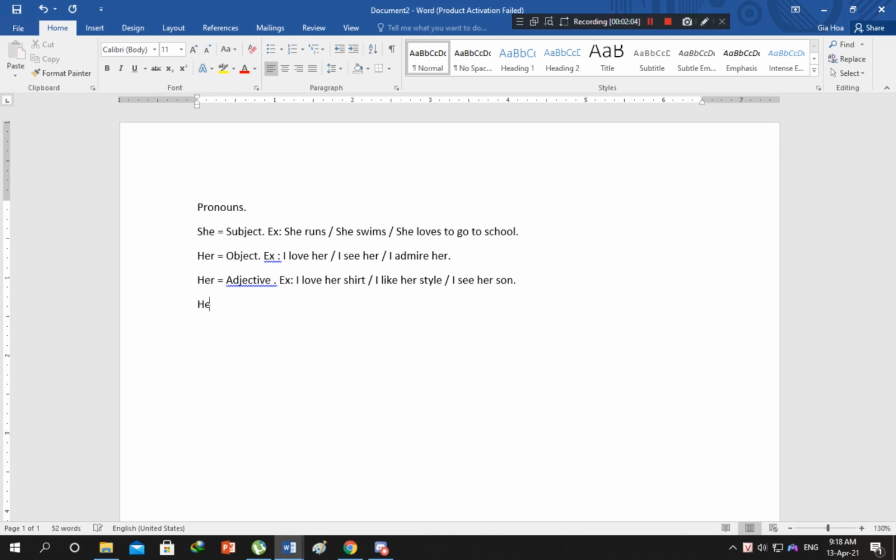But if herself is reflexive, for example, if she loves herself, you don't say she loves her. You have to say she loves herself, or she does the work by herself. It means that she does it alone, just her. So these are the pronouns.